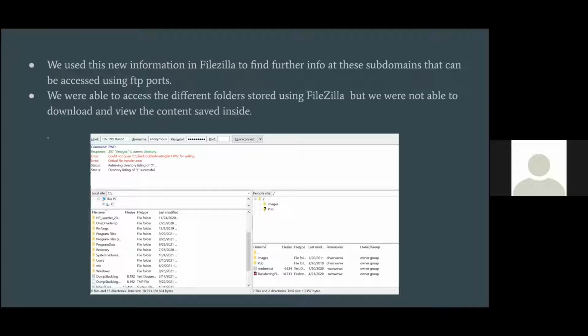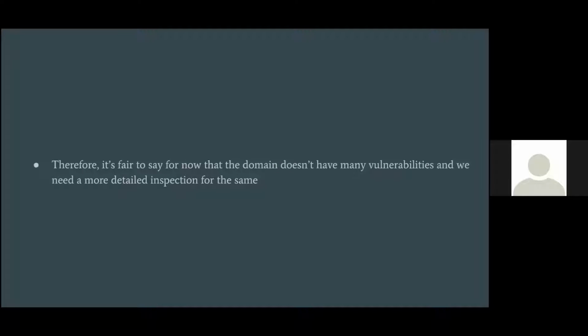But that doesn't mean that should be the criteria for protection for a big organization like Intel. So maybe with time we will find some vulnerabilities, some bugs, and we'll inform them. But for now, it's safe to say that they have a good firewall and protection system.